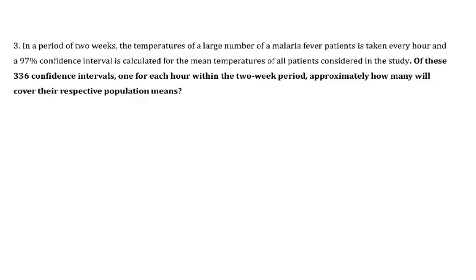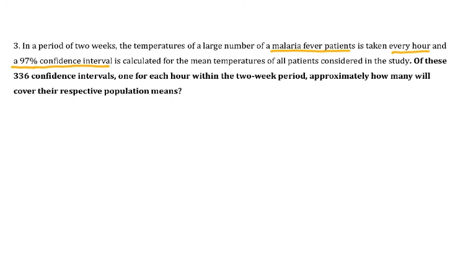All right, let's do one more and then we're going to work some homework problems. Let's see, what is this asking? In a period of 2 weeks, the temperatures of a large number of malaria fever patients is taken every hour. And a 95% confidence interval is calculated for the mean of all patients in the study.